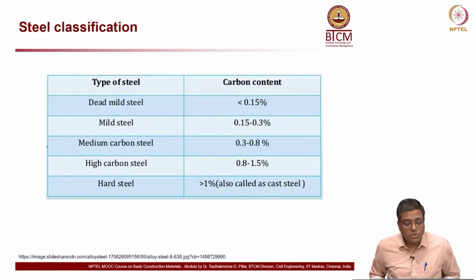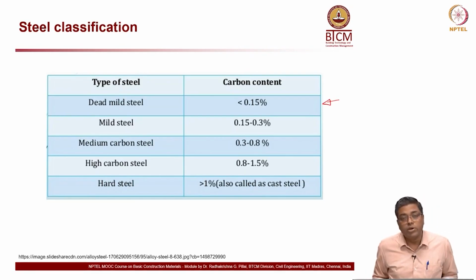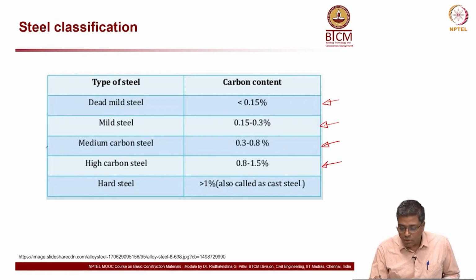So, different types of steels are normally divided, or classified, mainly depending on the carbon content. As you see here, if the carbon content is less than 0.15 percentage, we call it dead mild steel. From 0.15 to 0.3 percentage, we call it mild steel, and then from 0.3 to 0.8 percentage, we call it medium carbon steel, and then you have high carbon steel, and then you also have hard steel.